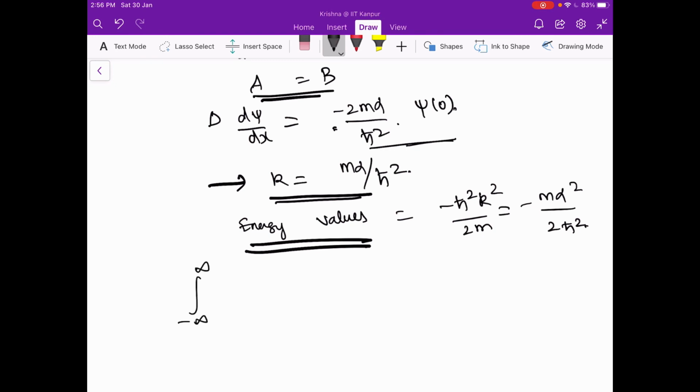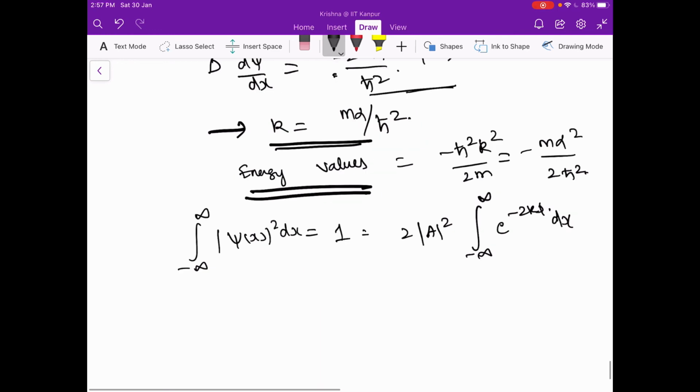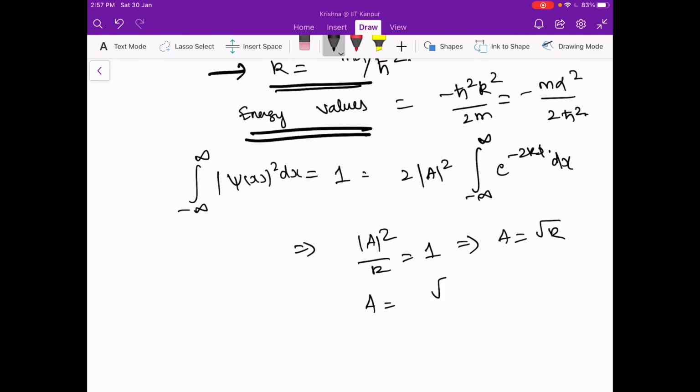So if we put minus infinity to plus infinity, mod of psi of x squared dx equal to 1, you will get 2 mod A squared integral from minus infinity to infinity e power minus 2kx dx, which will show that mod of A squared by k equal to 1, which will show you that A equal to root k. So A is root m alpha by h cross squared.